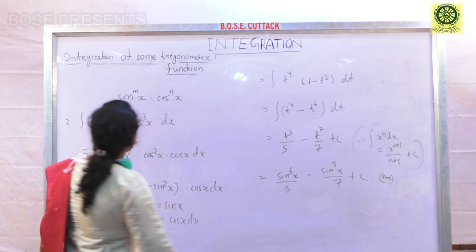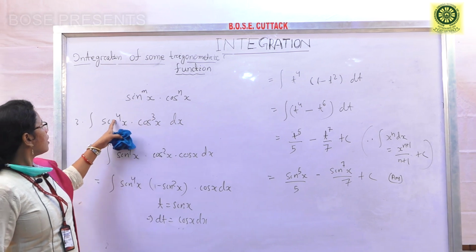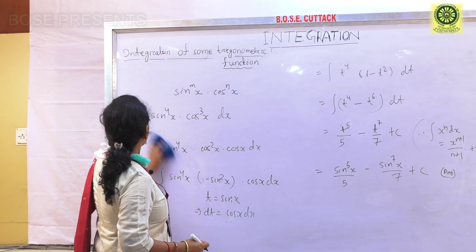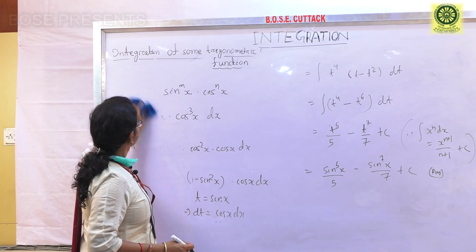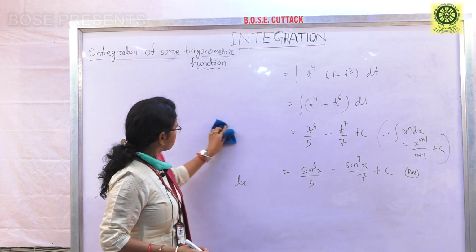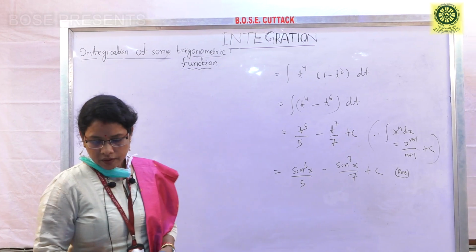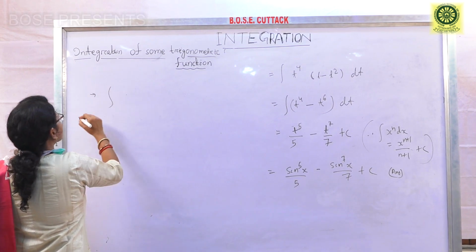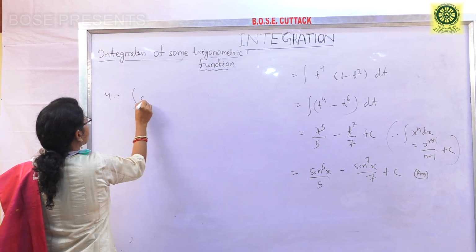If both the powers are odd, then you can choose any function to split. Then come to the next problem, that is question number 4.